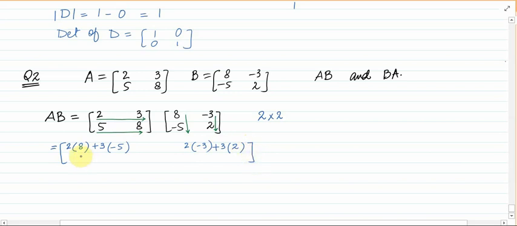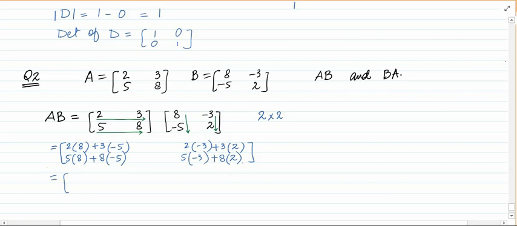We are going to do the same for the second row. So 5 times 8 plus 8 times negative 5, 5 times minus 3 plus 8 times 2, right?